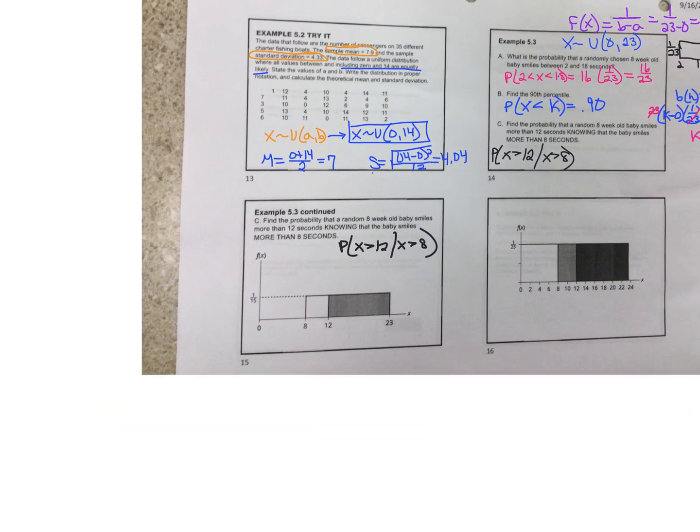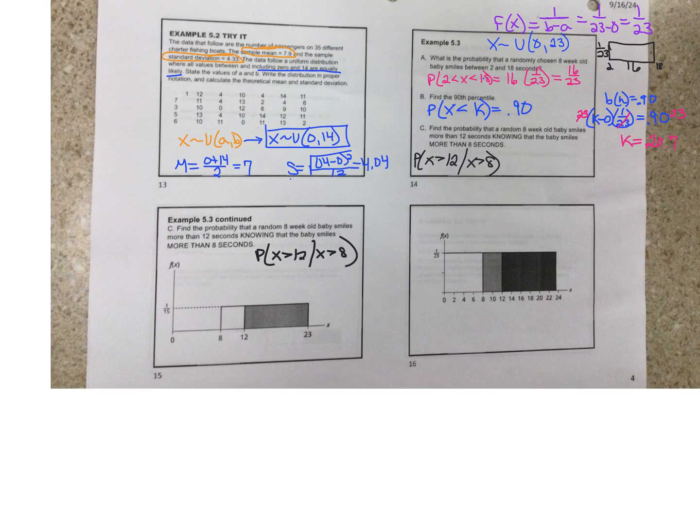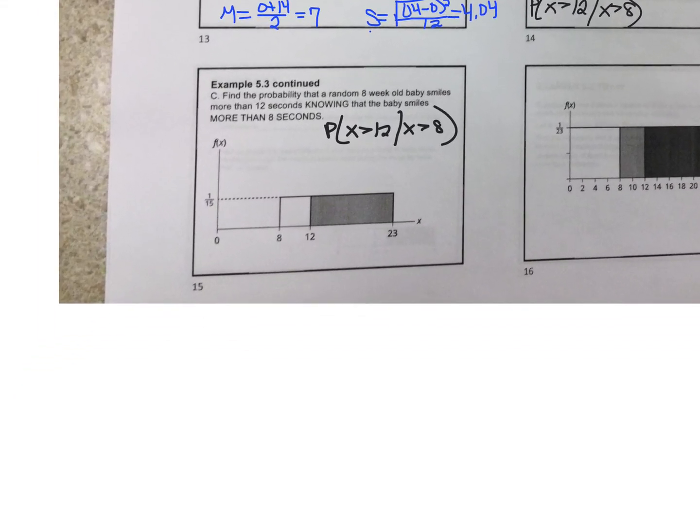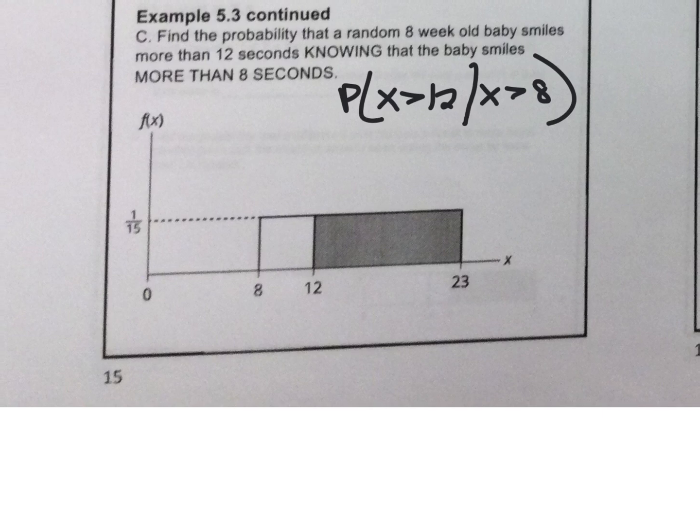Now we've been looking at those 0 to 23. Given that we know the baby smiles more than 8 seconds is that area right there, what's the probability that the baby smiles more than 12?